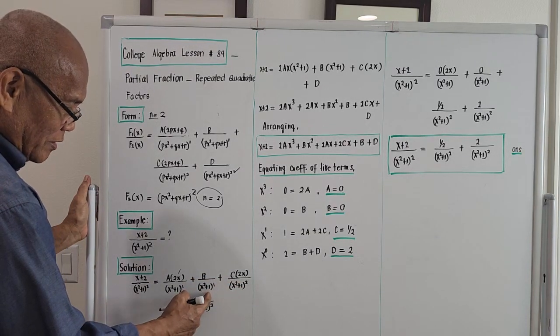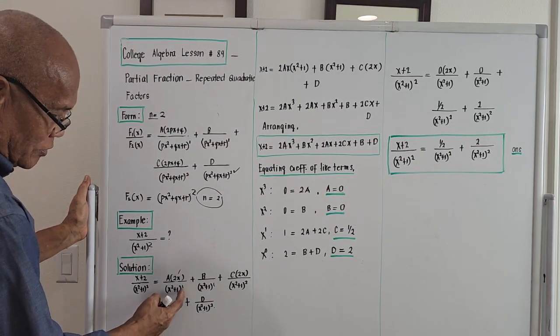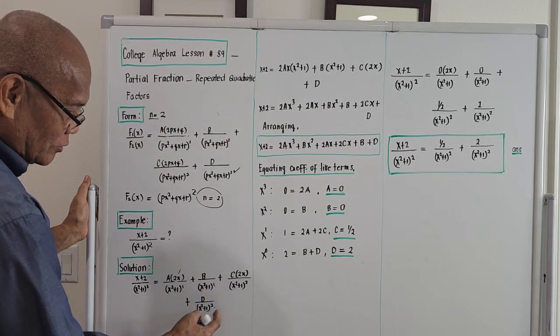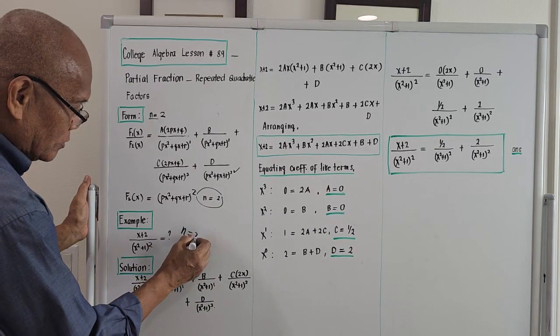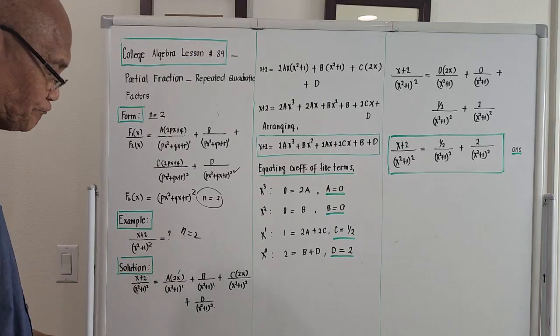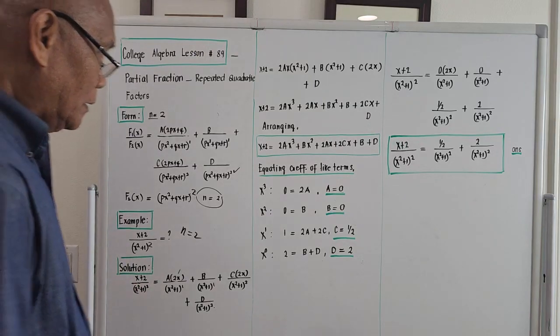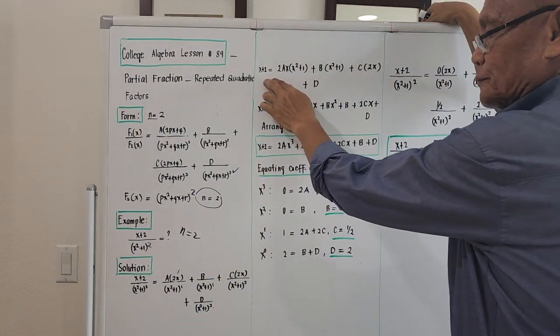Plus a constant d all over x squared plus 1 again to the second power. So this is 1 and 1, this is 2 and 2, because n is actually equal to 2. And if we try to simplify this one, the right hand side will just be simply x plus 2.